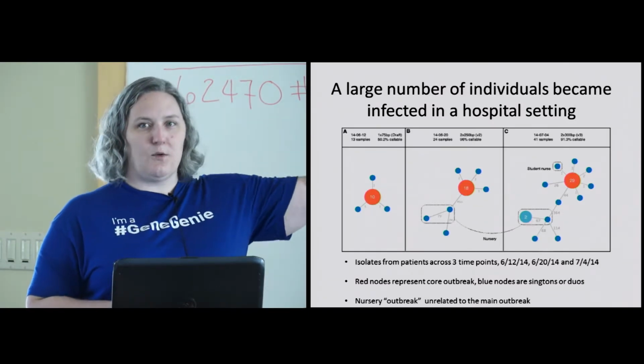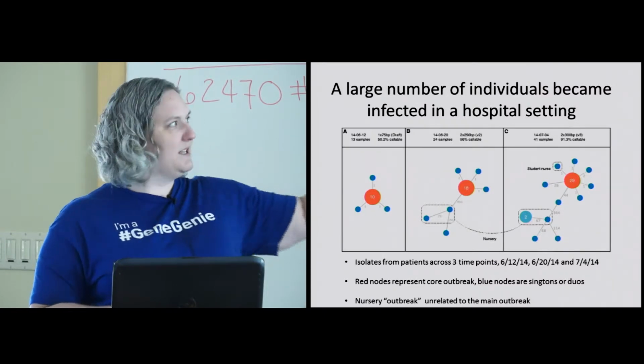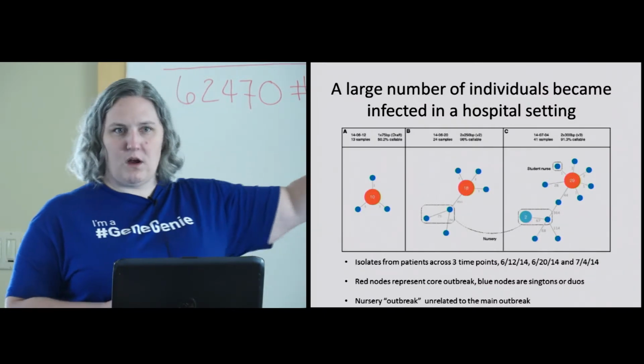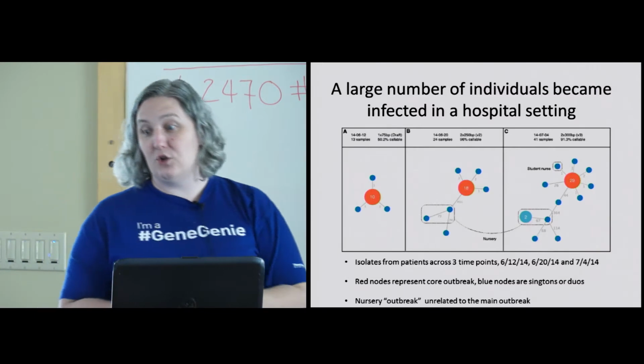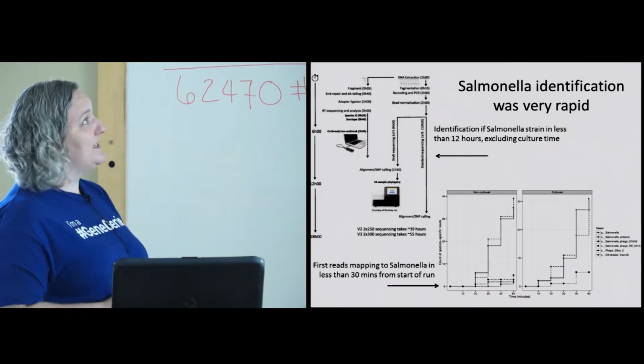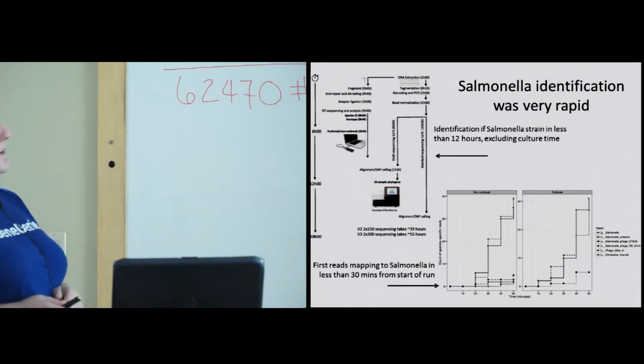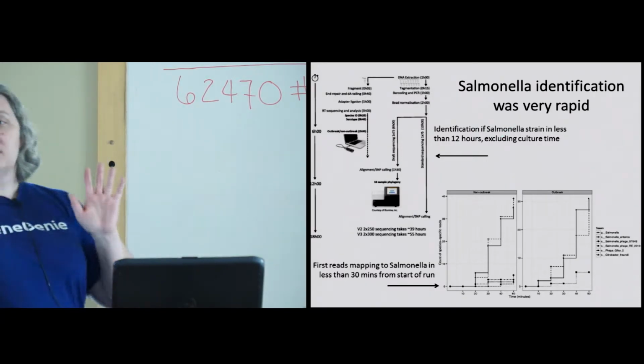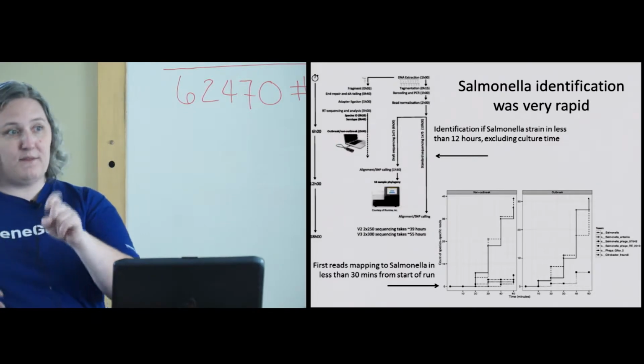This data was generated on MiSeq. Okay, I don't want to say this was done from Oxford, but this data was generated from MiSeq. That's why the SNP resolution is so good. Okay, here's why the Oxford Nanopore is interesting, however. Identification of a salmonella strain in less than 12 hours, excluding culture time. Okay, they want to be very clear about that.